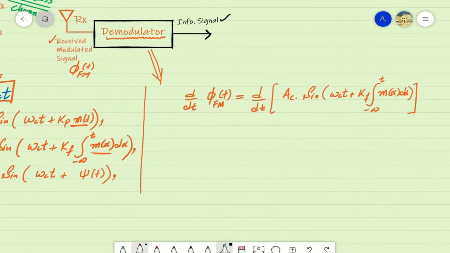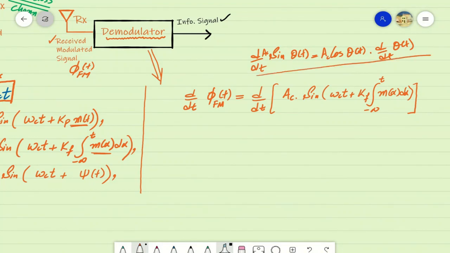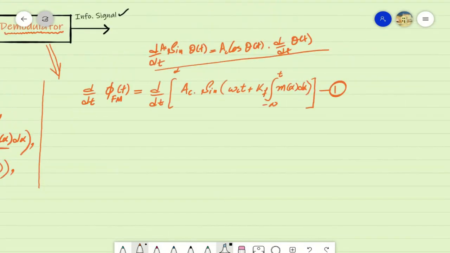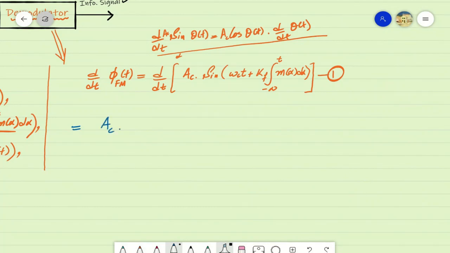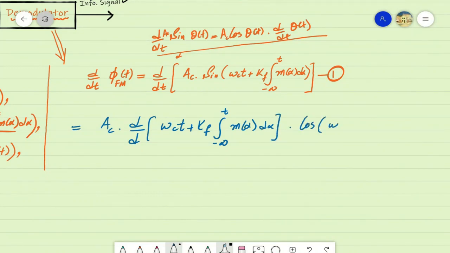As we know, the derivative of sine of theta of t, for example, with respect to time is equal to cos of theta of t multiplied by the derivative of theta of t, while any constant peak amplitude along with sine of theta of t will be treated as a constant and remains the same scaling factor in the derivative signal as well. So if we accordingly apply the derivative operator in equation number 1 here, we can express the signal as A_C into the derivative of the instantaneous phase of the sinusoid multiplied by cos of the instantaneous phase.